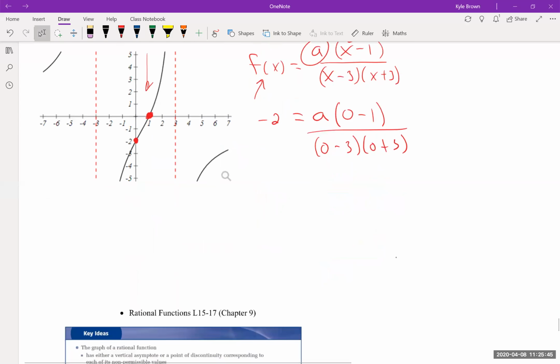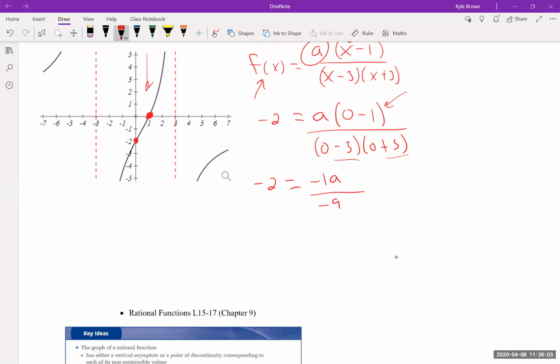Simplifying that, -2 is equal to -1a over, -3 times 3, which is -9.